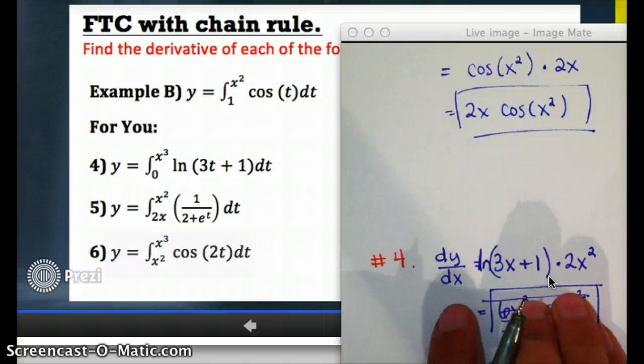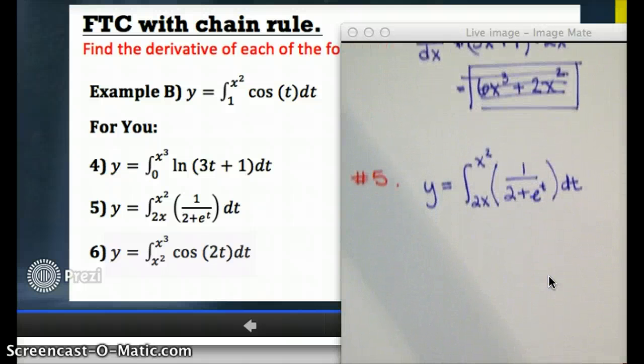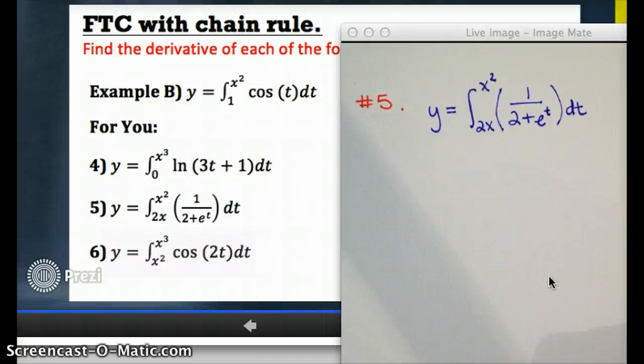Okay, number 5 has something else different, so I'm going to do number 5 with you. What's different about this one? Right, so this time we have 2 different expressions as our terms of integration.